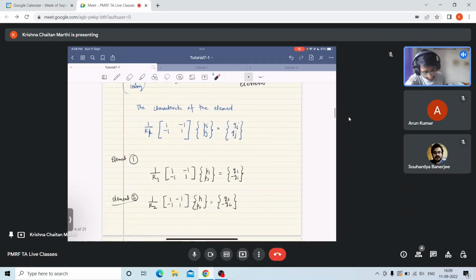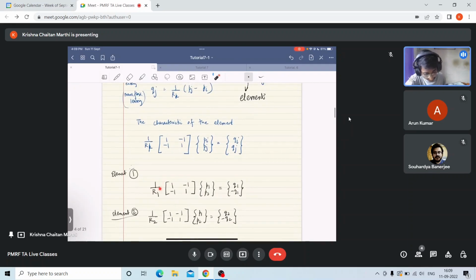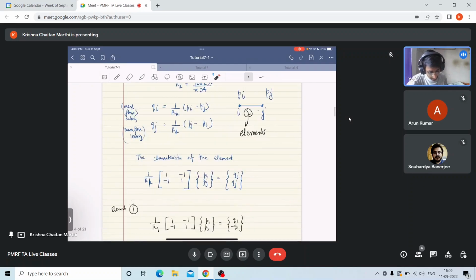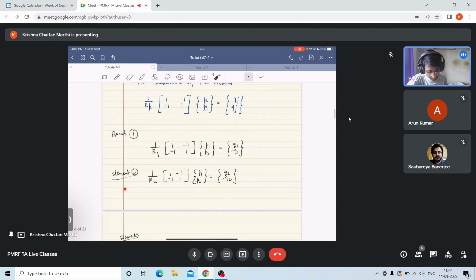So for element 1 I can write 1 by r1 times [1 -1; -1 1] times [p1 p3], which is equal to [q1 -q1]. Why minus q1? Because this is representing the mass flux leaving the system. Similarly for element 2 I can write 1 by r2 times [1 -1; -1 1] times [p1 p2] equal to [q2 -q2].